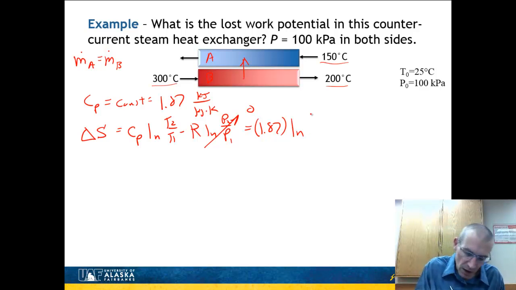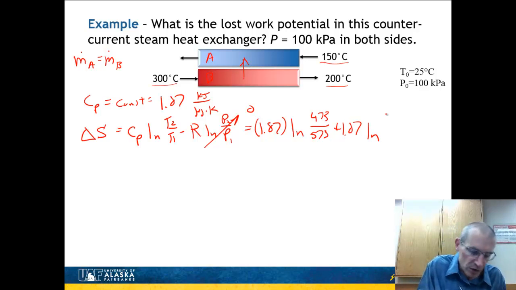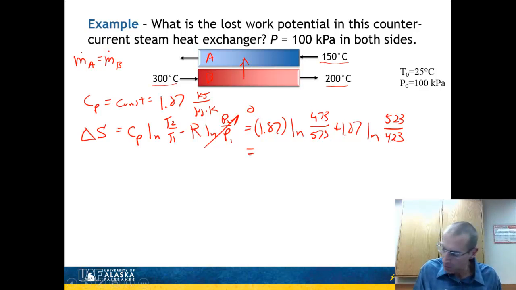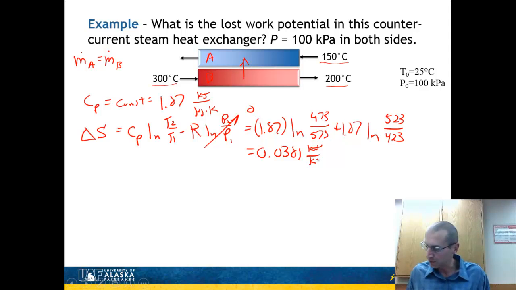Natural log of 473 over 573 for one stream, plus 1.87 natural log on my other stream of 523 over 423. And that entropy that's being generated is 0.0381. That will be kilojoules per Kelvin.